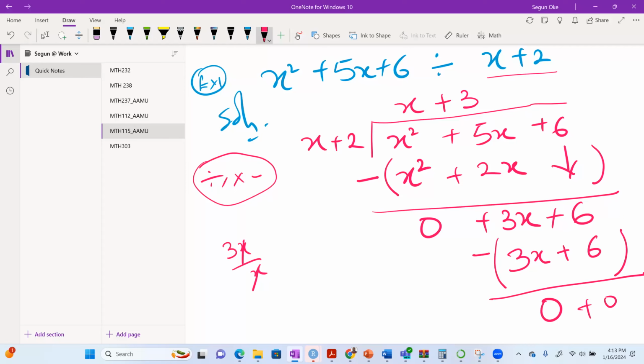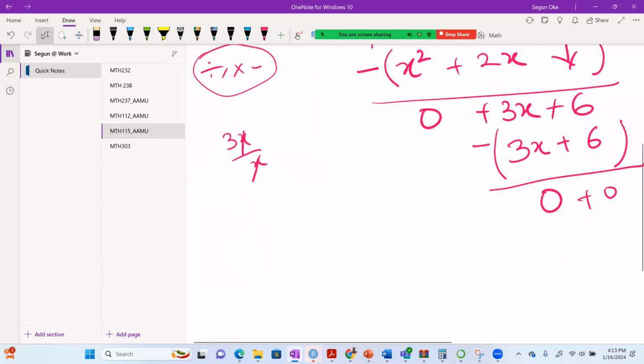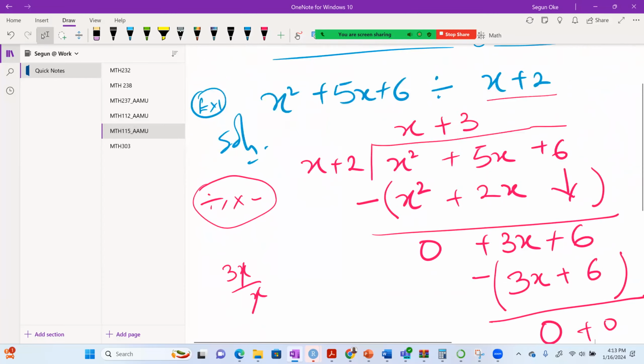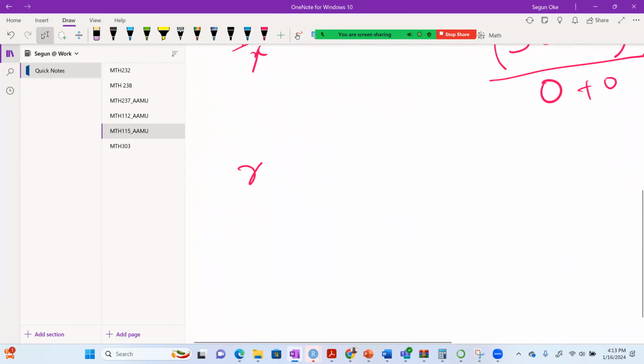So how do we write this? Because that is the end of that particular question. We write it the way it's supposed to be. Let's go and write all the values out. It simply means that we have x plus 3.